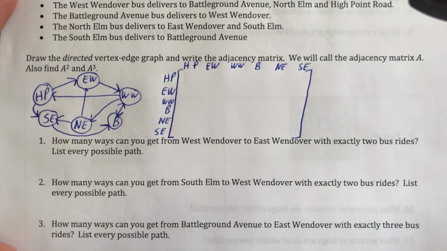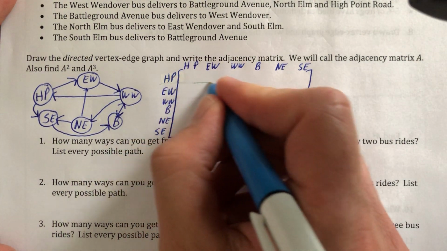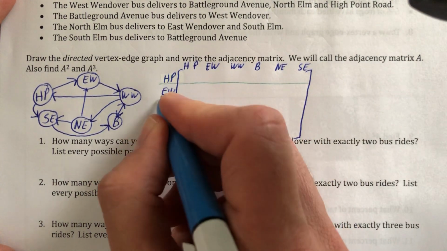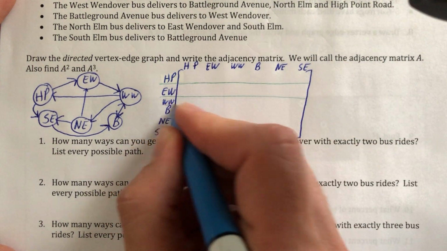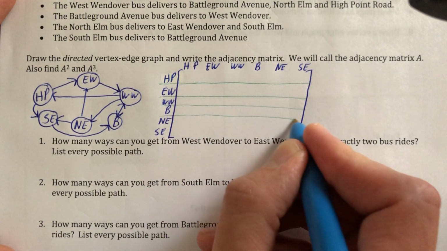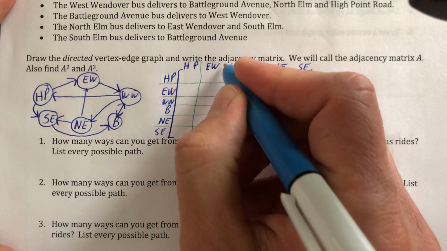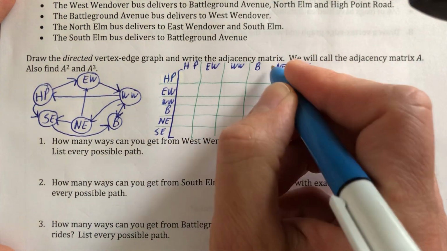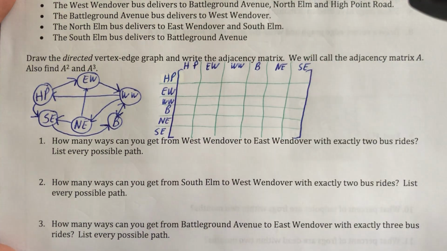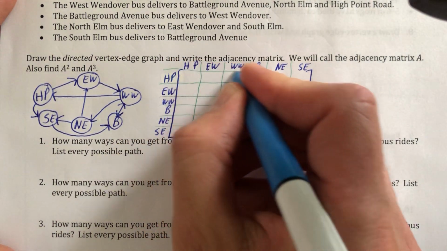And just to make things easier to look at, I'm going to do this. Otherwise, these numbers are all going to run together and things are going to get sloppy and messy. We're going to have zeros and ones everywhere and not know where anything really belongs. And it will be tragic and sad.